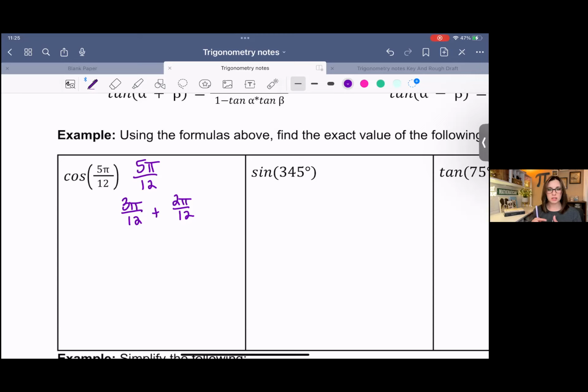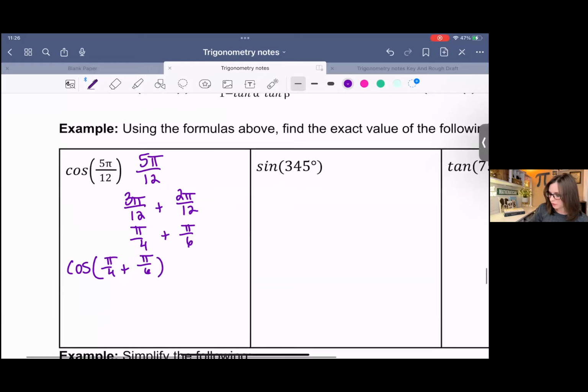So let's reduce these and see if they reduce into angles that we are familiar with. This reduces to pi over 4, and this reduces to pi over 6. Those I do know. So I can rewrite 5 pi over 12 as cosine of pi over 4 plus pi over 6.